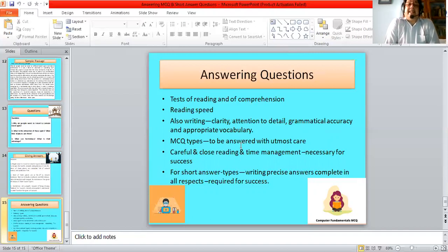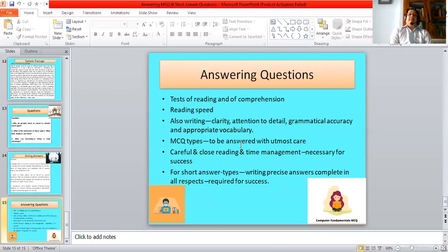So, reading speed is being tested, and also in writing, as I said, clarity, attention to detail, grammatical accuracy, and appropriate vocabulary. Now, the MCQ types are to be answered very carefully, and please remember a large segment of your questions will be of MCQ type.